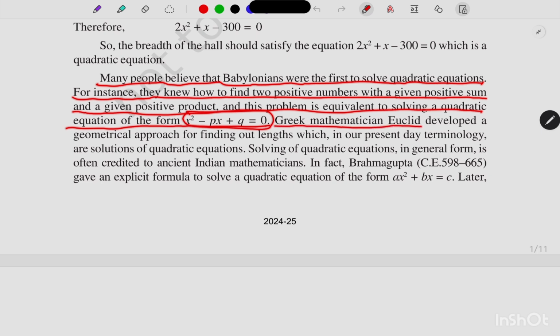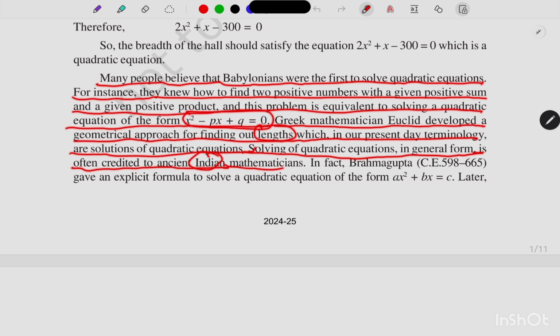Greek mathematician Euclid developed a geometrical approach for finding out the lengths, which in our present day terminology are solutions to the quadratic equations.